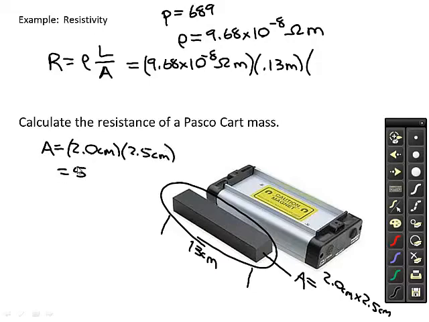So we've got 5.0 square centimeters of area. A quick change tells us that 1 square meter is going to be 10,000 square centimeters. So we have to say 0.00050 square meters, if I did that right.